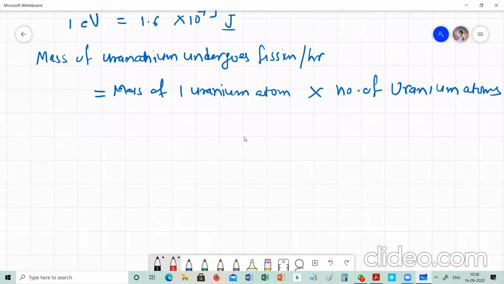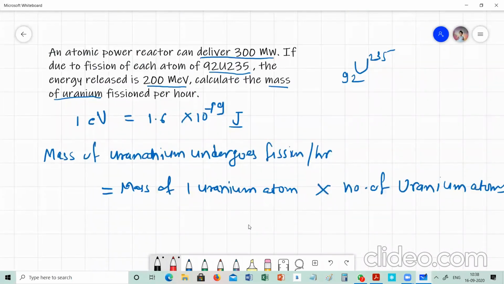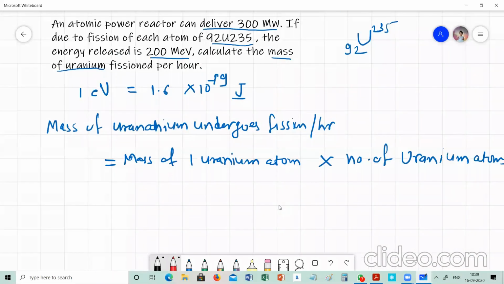So the data given by them is power developed, they have given this information. Power delivered is 300 megawatt.